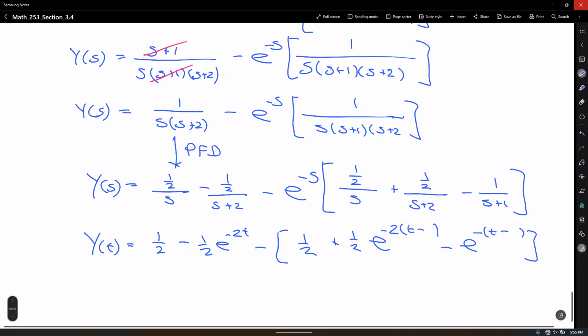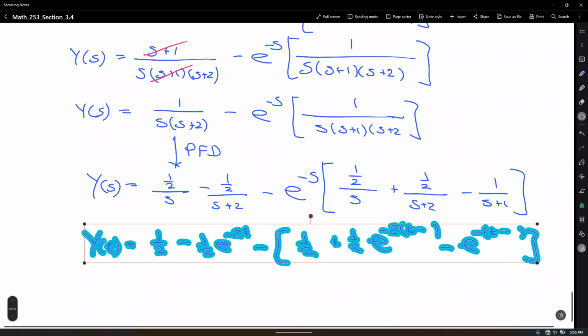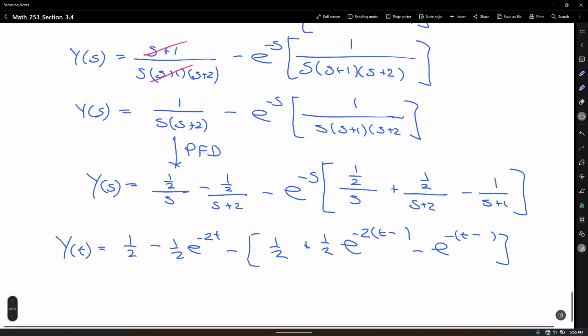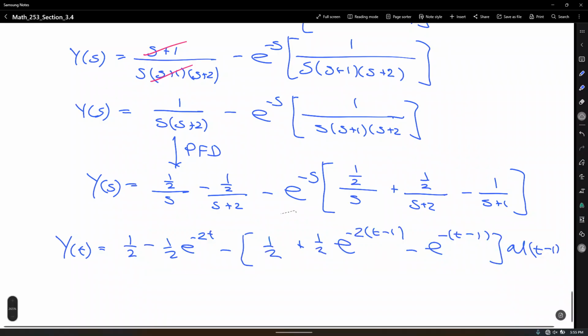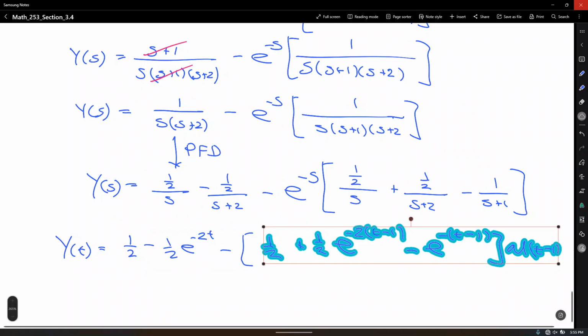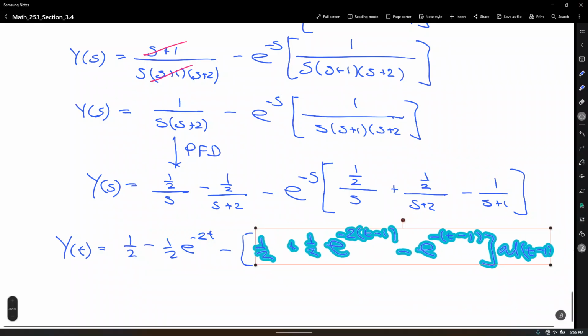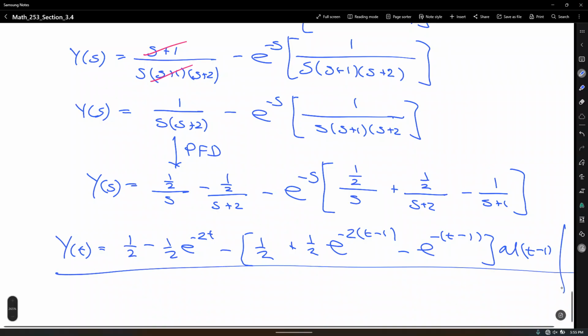And then all of this multiplied by a unit step function, u of t minus 1. Shift by 1, shift by 1. All right, let me make some room here and call this our final answer.